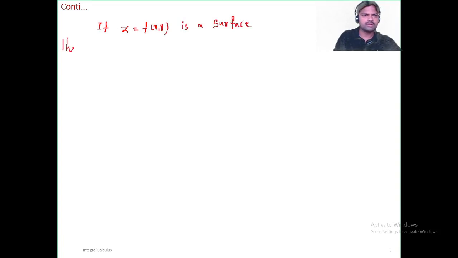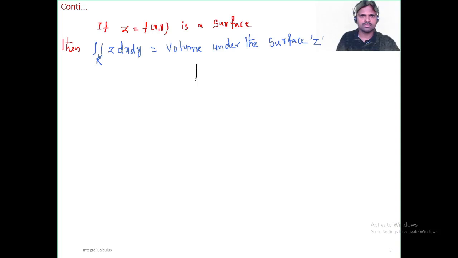Double integration over a region R of z dx dy gives the volume under the surface z. This is what we have seen in double integration.